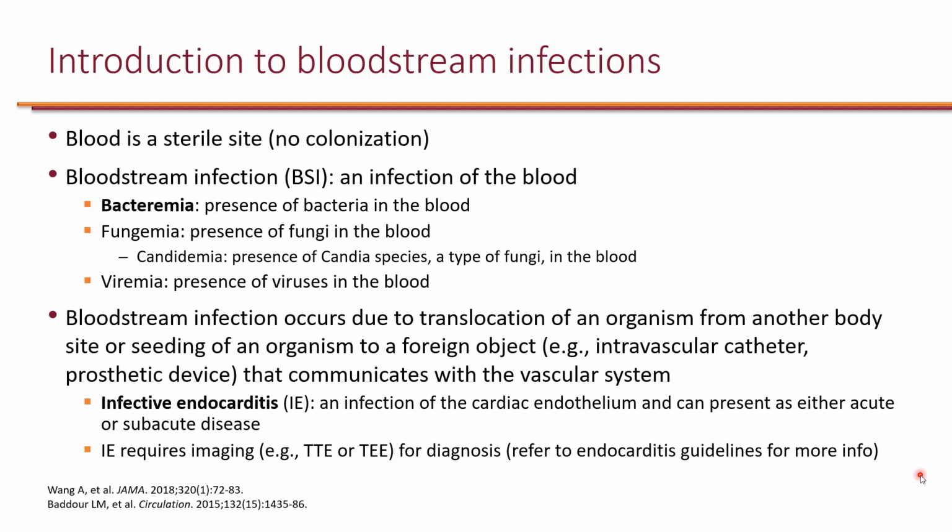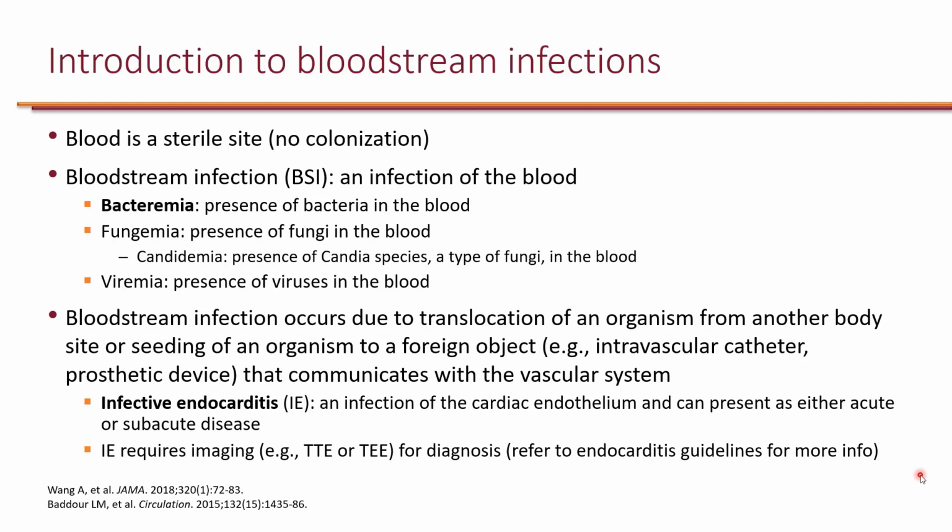Now, because blood is a sterile site, bacteremia is always the result of translocation of bacteria from somewhere else. So it's important to identify where the bacteria is coming from in the blood. This could include seeding of organisms to a foreign object, such as an intravascular catheter, as well as prosthetic devices.